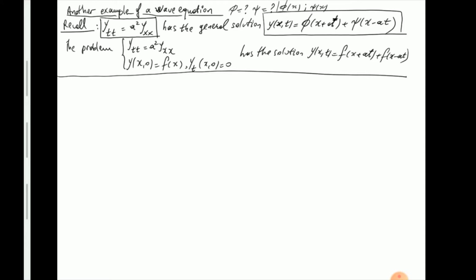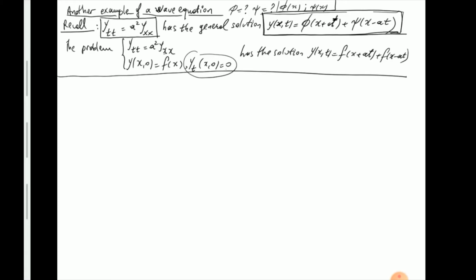So these are functions of a single variable, except that in the solution, they are evaluated, each of them, at x plus at and x minus at respectively. We also showed in the previous lecture that if we impose just two particular initial conditions, so still no boundary conditions, namely the initial velocity 0, and the initial displacement given by a known function f of x, then the solution is given by f of x plus at, f of x minus at.